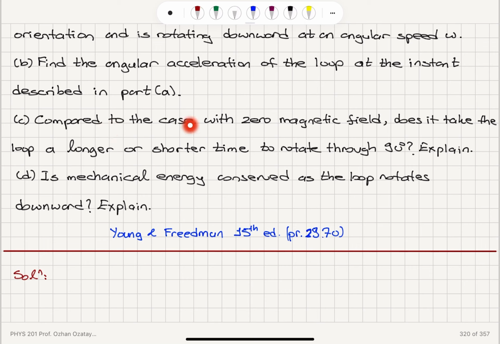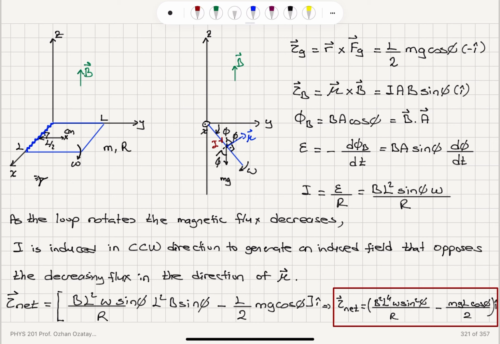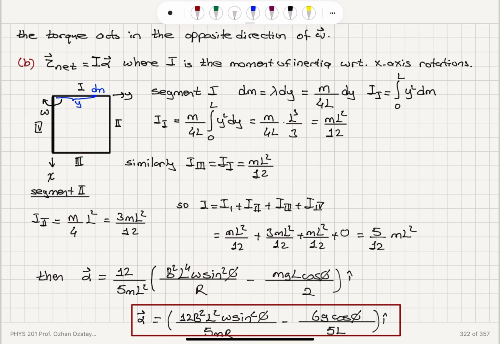Compared to the case with zero magnetic field, does it take the loop a longer or shorter time to rotate through 90 degrees? Explain. So if I look at this situation with zero magnetic field, then I would only have the torque due to gravitation, but you can see that this interaction between the magnetic dipole, magnetic moment, and the magnetic field causes a torque in the opposite direction, this will try to slow it down.